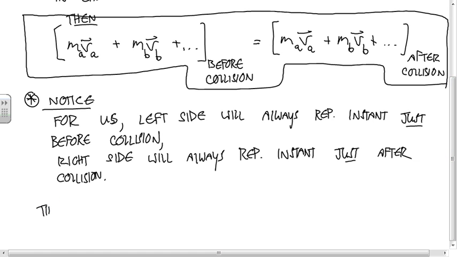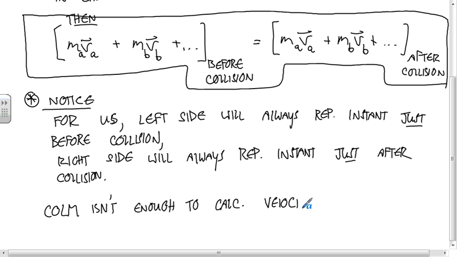So let's say conservation of linear momentum isn't enough to calculate velocities after the collision. You also need to know something about the type of collision.